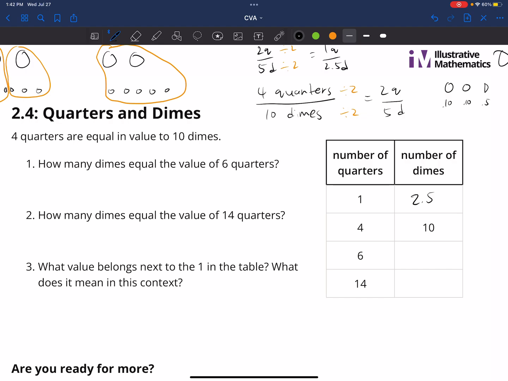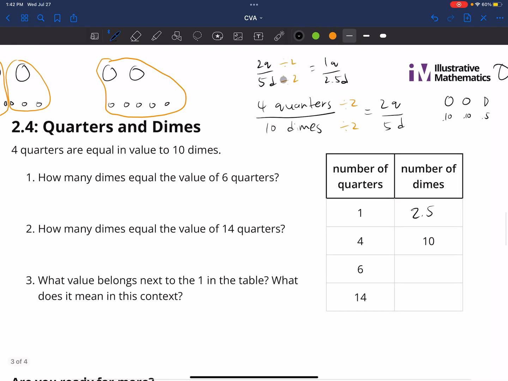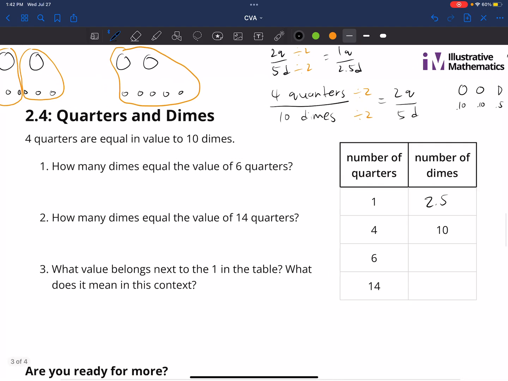Yeah, let's go to the next one, right? How about 6/4, right? Well, this one's a little bit easier. So I got 2/4 quarters equals 5 dimes, right? And we're talking about 6/4, right?